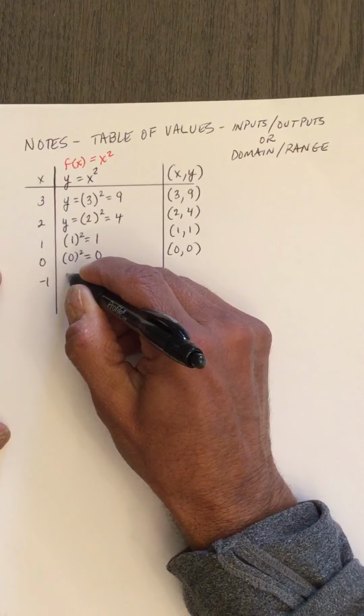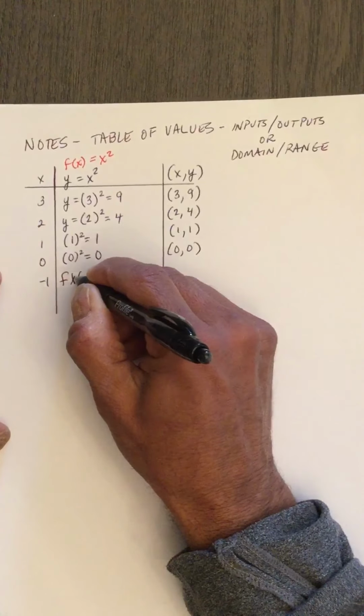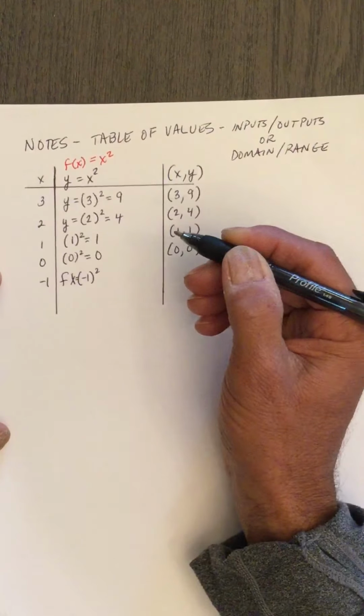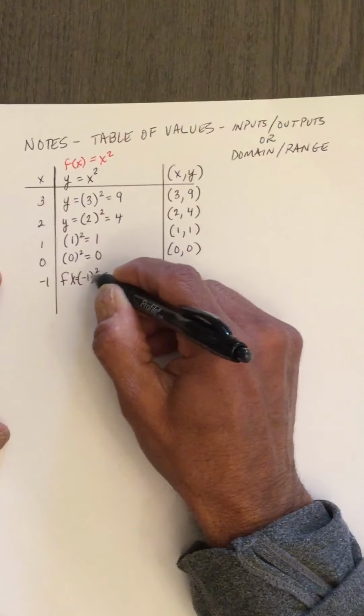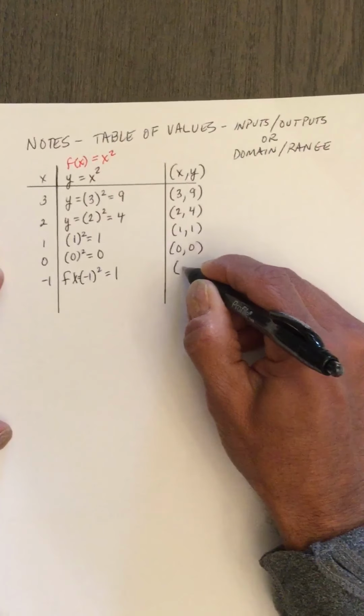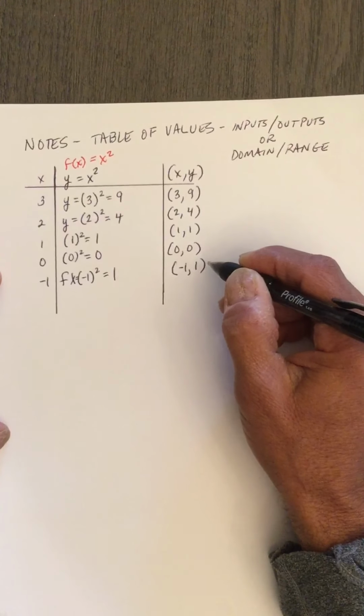It's like saying f of x equals, I forgot the equal sign there, (-1) squared. So (-1) squared is -1 times -1, that's +1. So when I put in a -1, I get a +1 out, right?